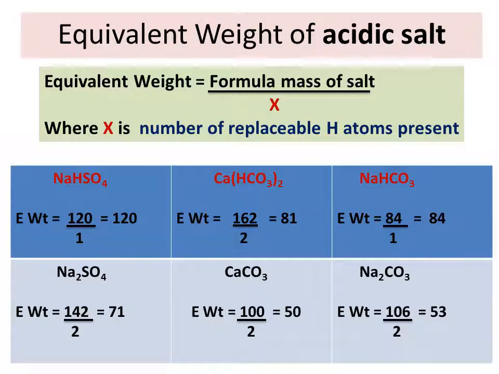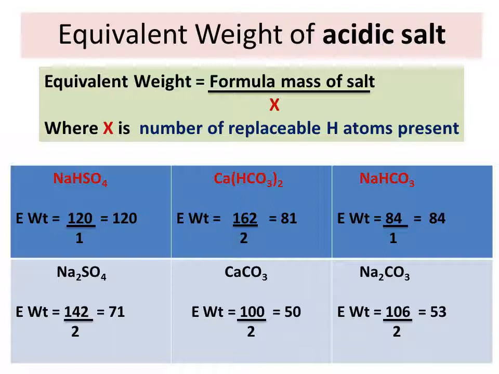Salts can be neutral, salts can be acidic, and sometimes salts can be basic. We have already discussed neutral salts. In the case of acidic salts, how are we going to calculate their equivalent weights? Again the formula will be the same: formula mass of the salt divided by x.